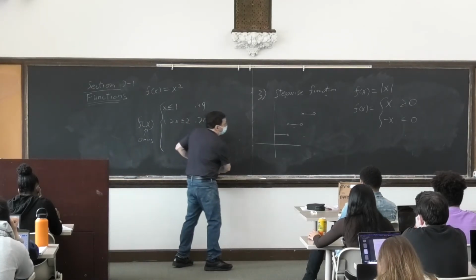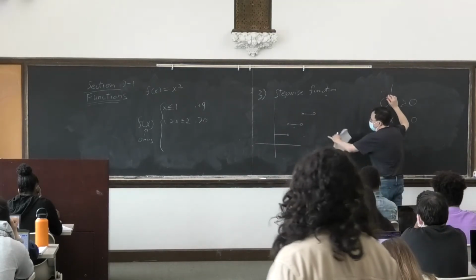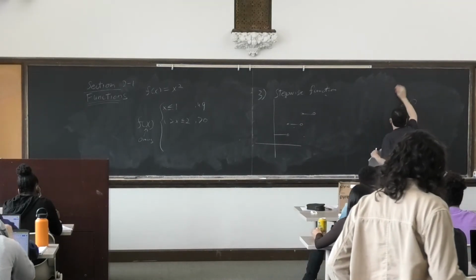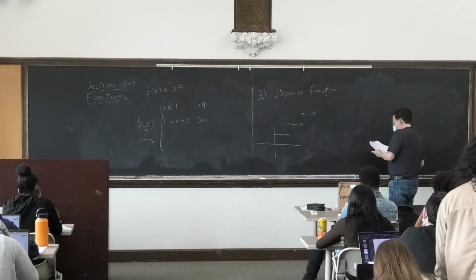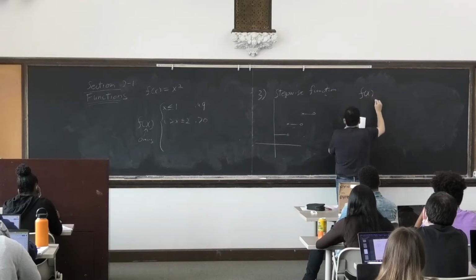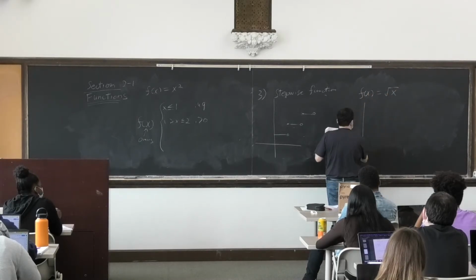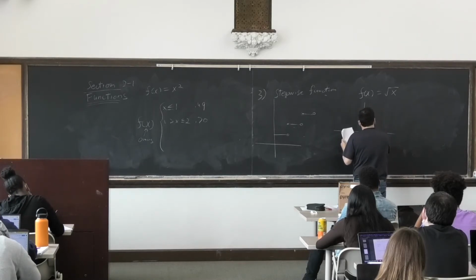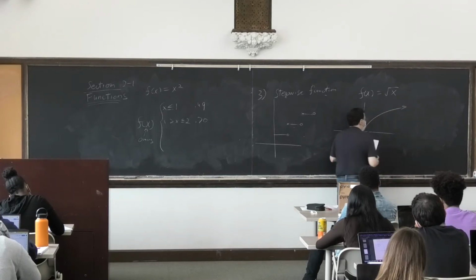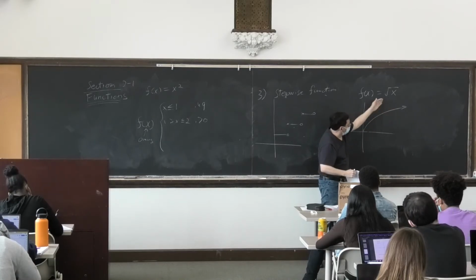Yet another way to describe a function is what I've done here, is to draw a graph. So I have a function, square root of x. It's going to kind of look like this. This is actually a parabola kind of flipped over.